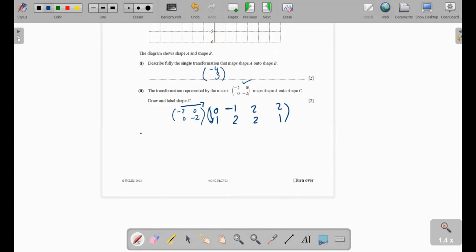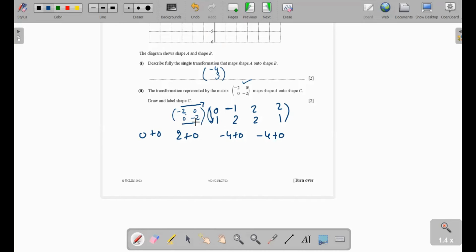Minus 2 multiply 0 is 0, plus 0 multiply 1 is 0. So there's 0. Then minus 2 multiply minus 1 is 2, 0 multiply 2 is 0, minus 2 multiply 2 is minus 4, 0 multiply 2 is 0, minus 2 multiply 2 is minus 4, 0 multiply 1 is 0.